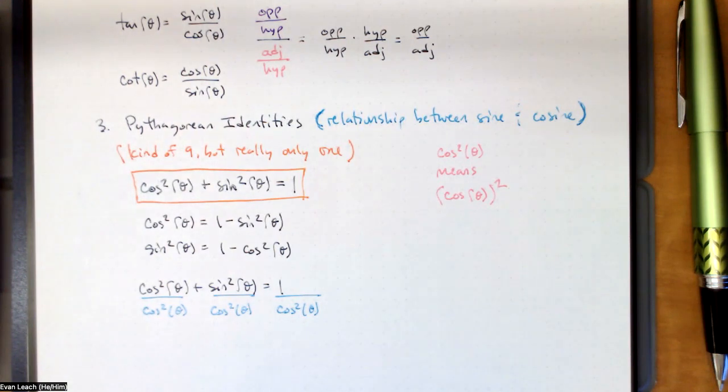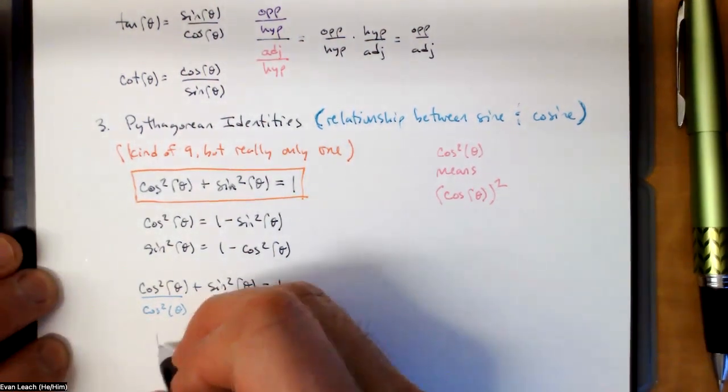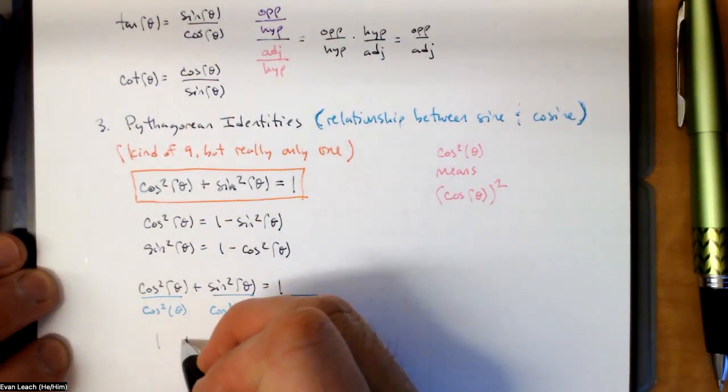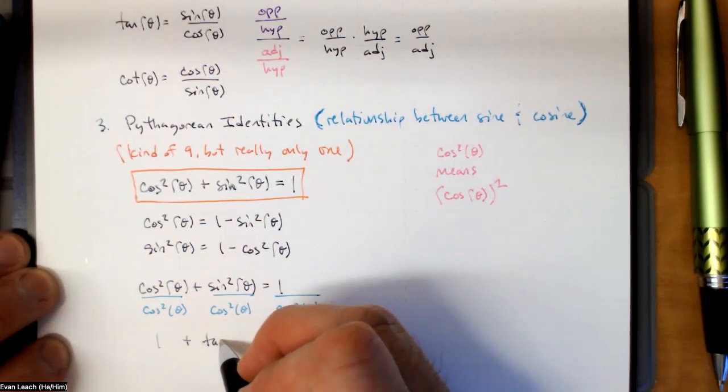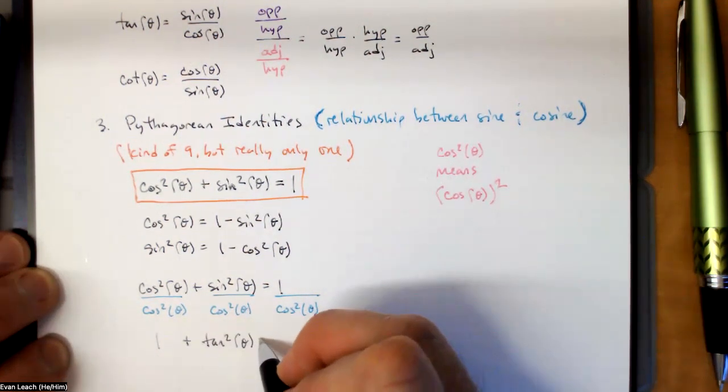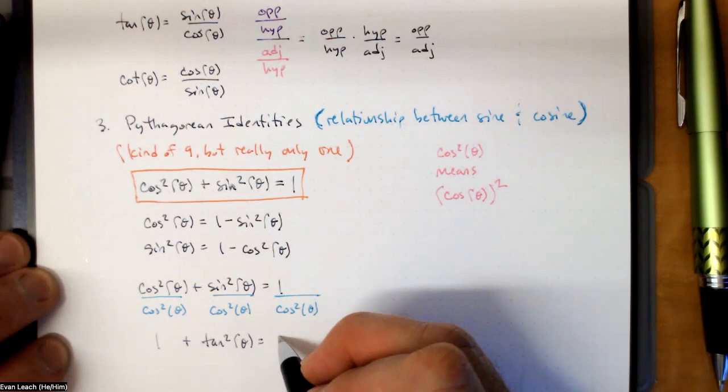In this first term, cosine squared divided by cosine squared is equal to 1. Sine squared divided by cosine squared is, using a ratio identity, tangent squared. 1 over cosine squared is secant squared.